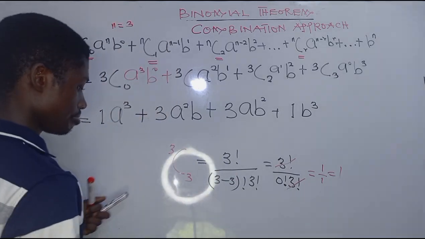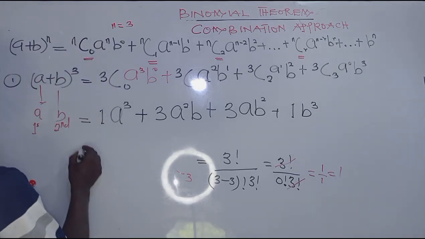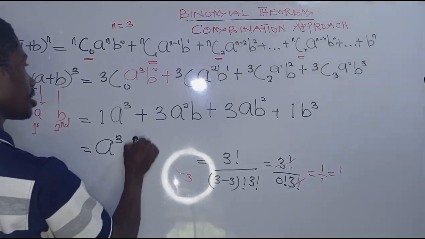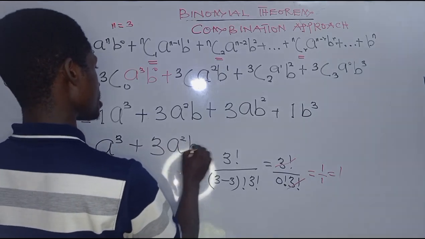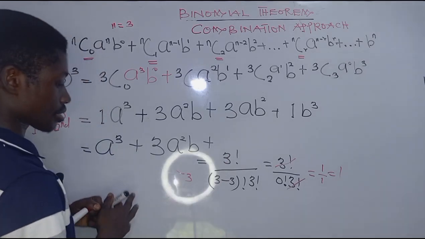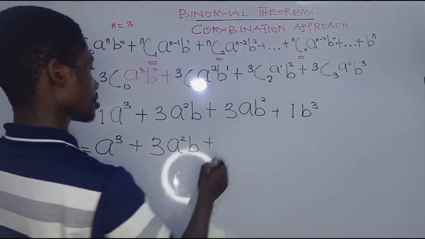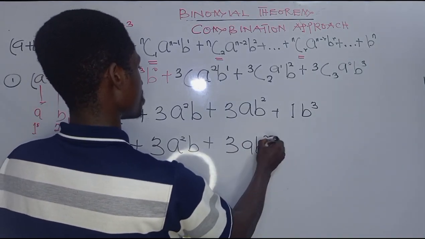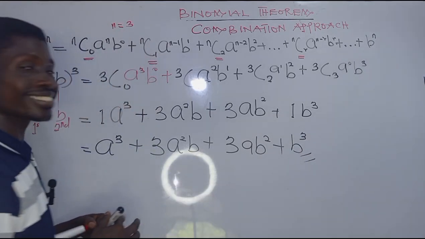Let's do our last simplification. So we are going to have A power 3 plus 3A squared B plus 3A B squared plus B cube. And that is that.